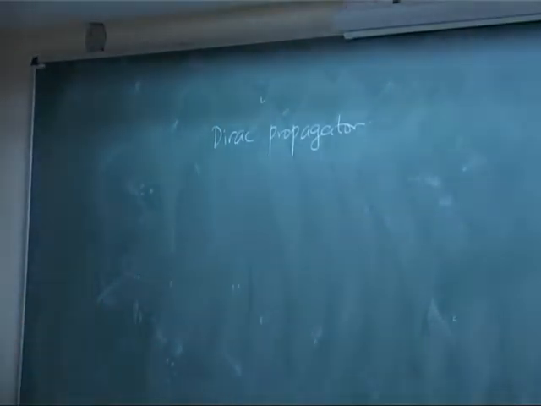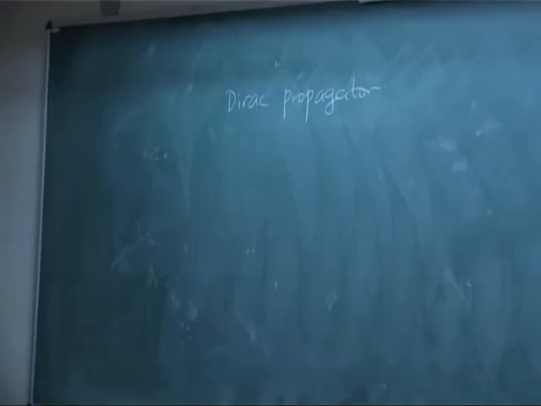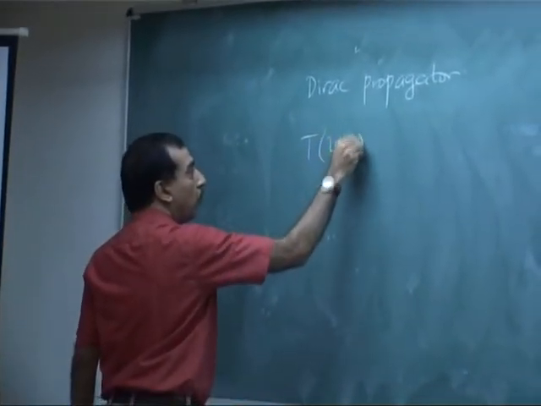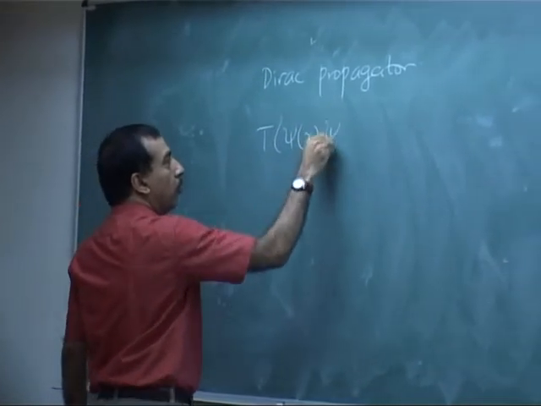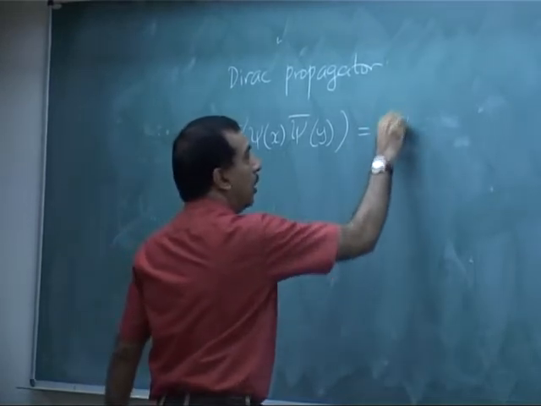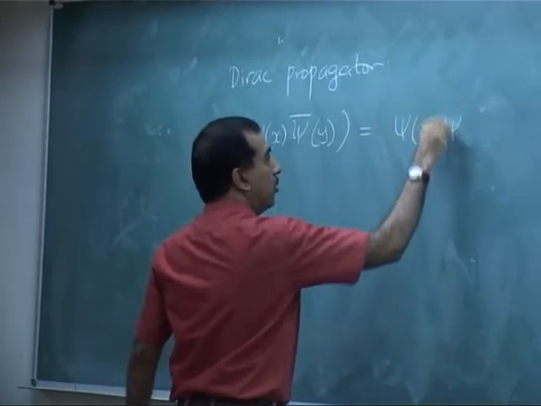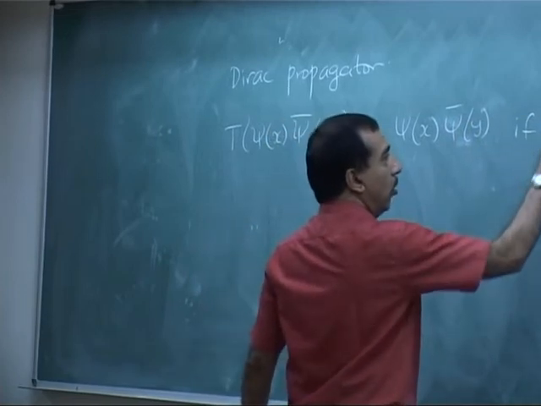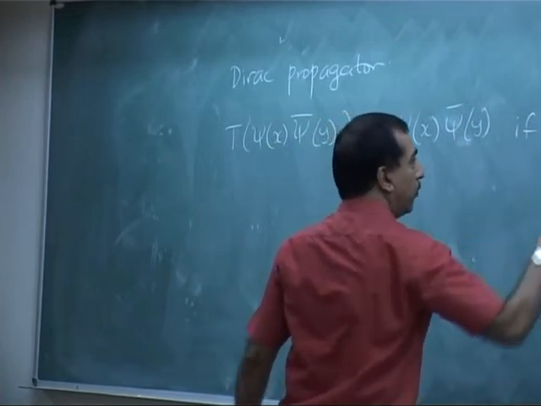So, time ordering of psi, let's say one psi and another psi bar, is defined to be psi x, psi bar y, if x naught greater than y naught.